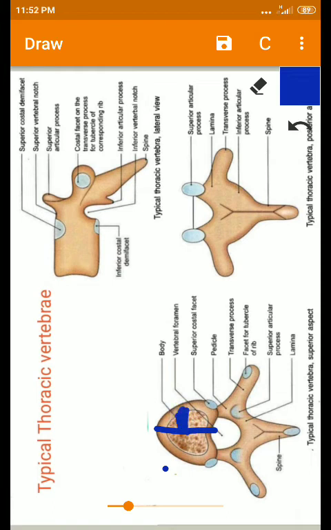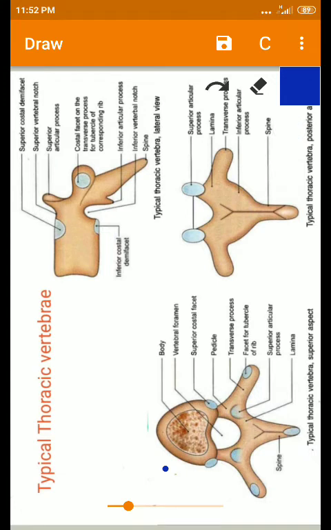Also on each side of the body, on the posterolateral aspect, there are two facets, one at the superior end and another at the inferior end. The superior one is called the superior costal demifacet and the other the inferior costal demifacet. Both facets are going to articulate with the ribs.